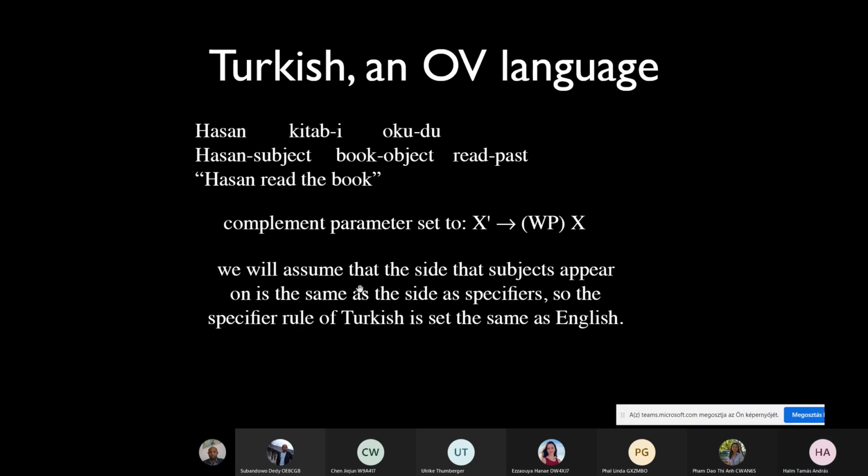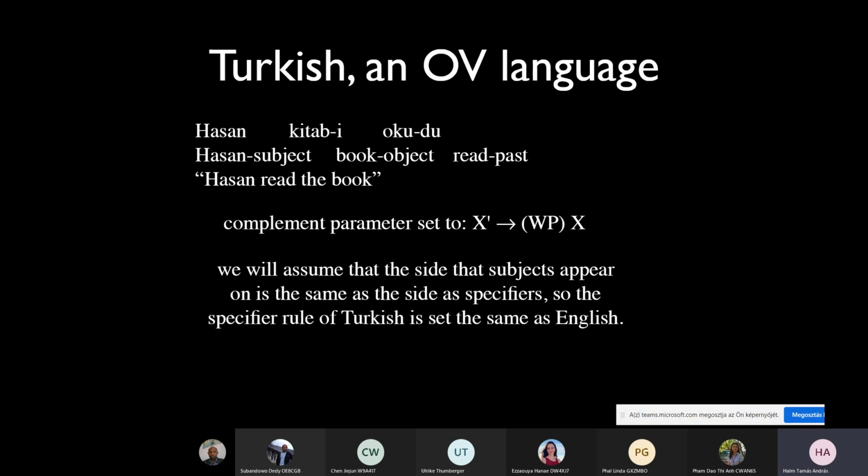Let's look at a language which is different from English on the surface, and let's see how we can explain this difference by looking at parameters. So, does anyone speak Turkish here? I don't. So we have to believe that this is how it works.